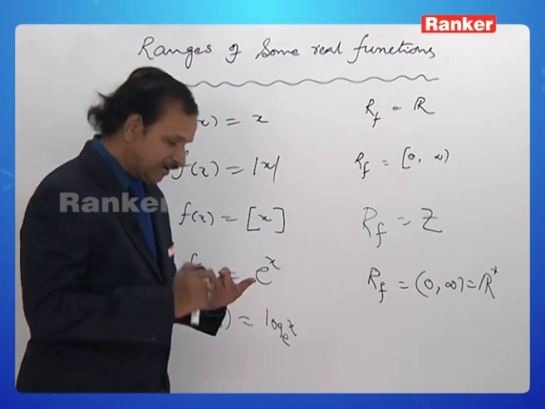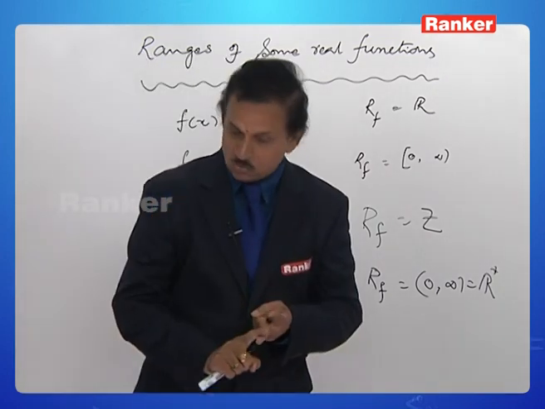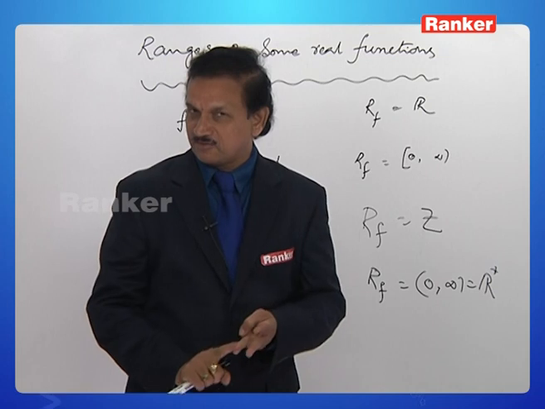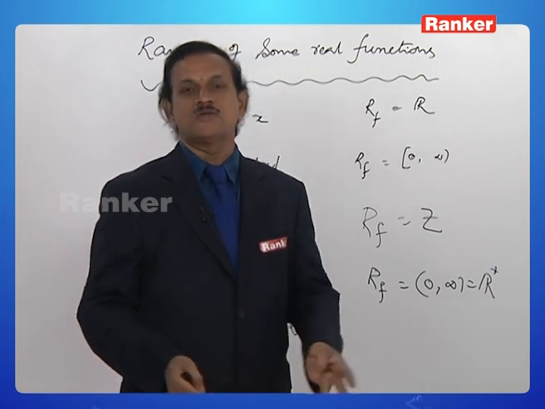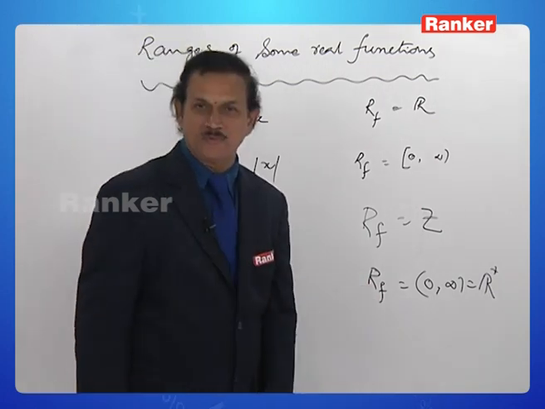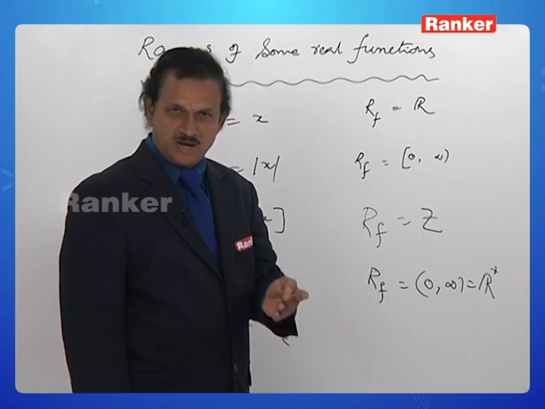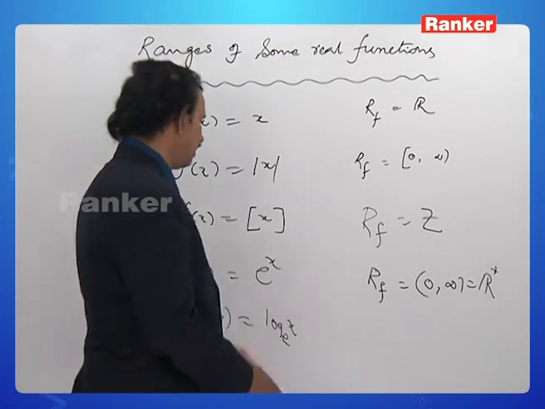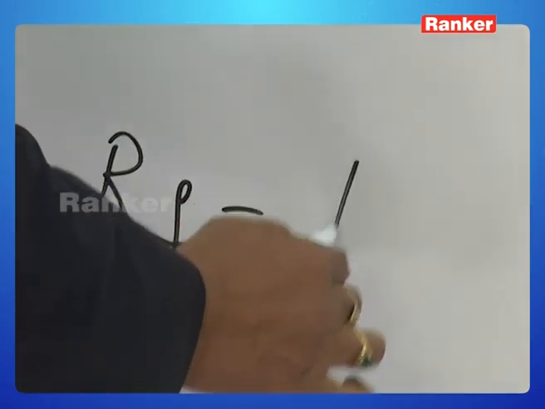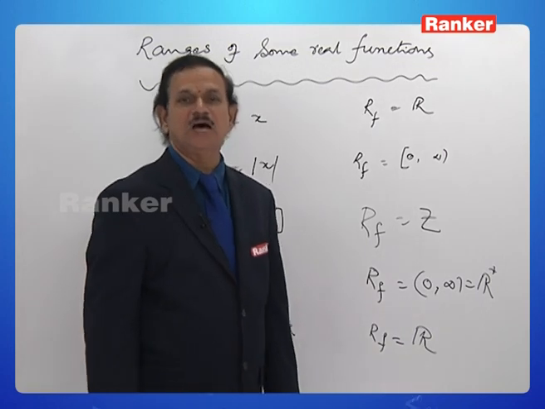So you are able to have negative answers, you are able to have a 0 answer also. f of 1 is 0. You are able to have positive answers also. There is no restriction at all. The output can be negative, 0, or positive. Hence, the range of this function is R.